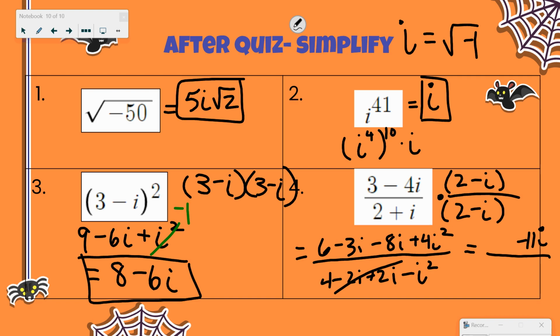4i squared. Yeah, what about 4i squared? What is that equivalent to? It is negative 4. So this will just become 2 in my numerator. What about my denominator? What would be 1? Okay, so this i squared is negative 1, so you're saying now it's positive because of the minus.